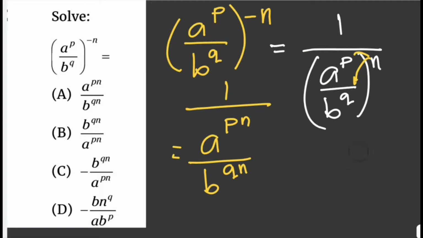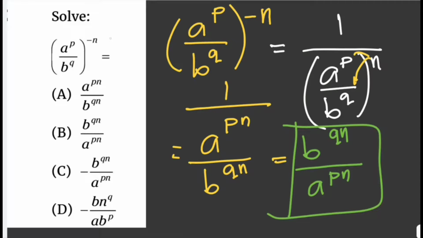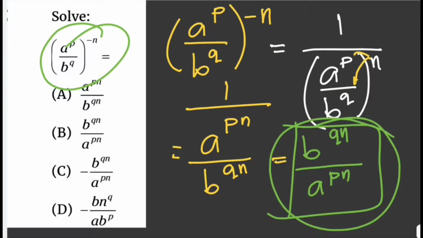And then we flip this. This would become b to the qn over a to the pn. Therefore, this expression here is equivalent to this, and that is letter B.